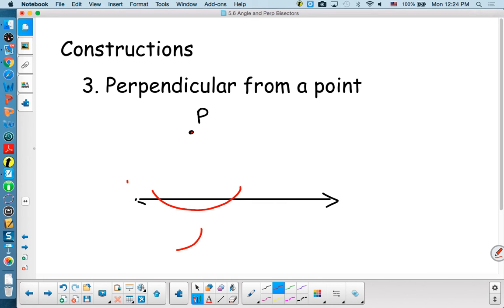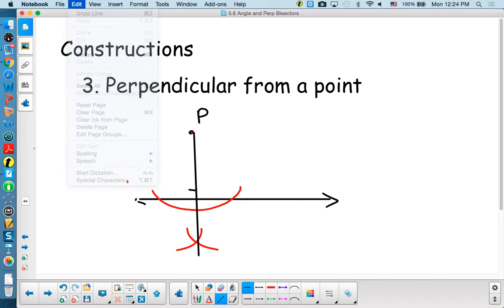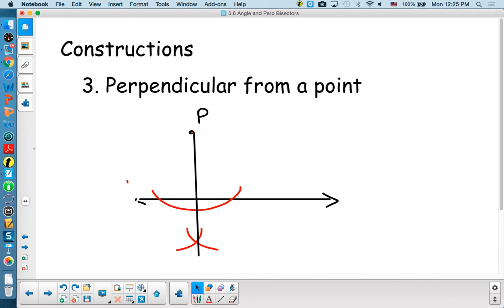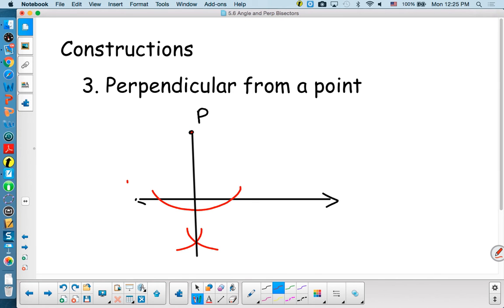Those 2, make the X. That looks a little bit better. I need to get it moved over just a little bit. Yeah. Okay, that looks better than the first one. Creates a perpendicular through that point.